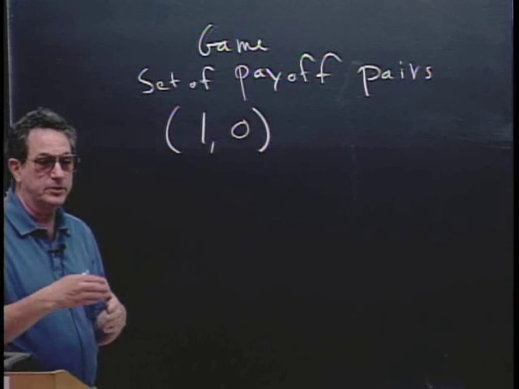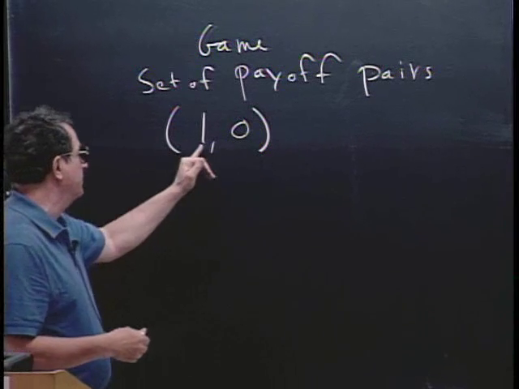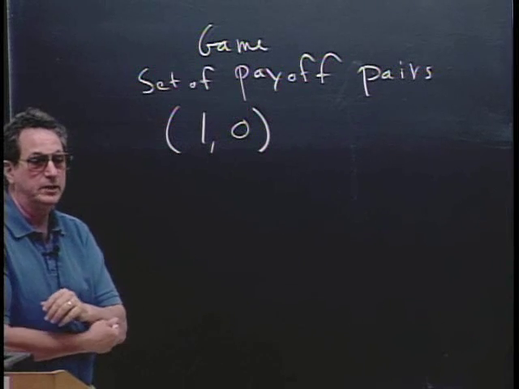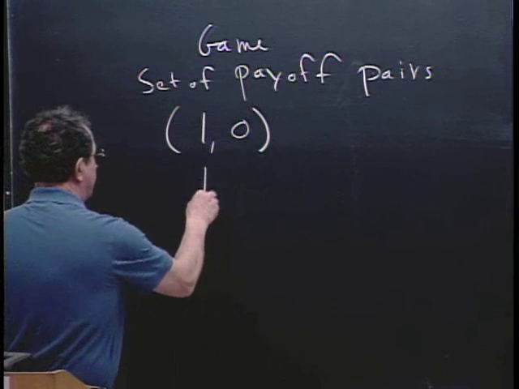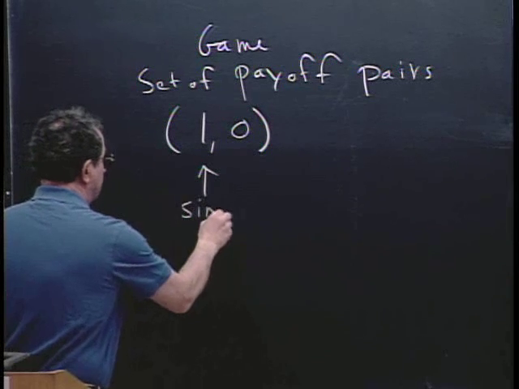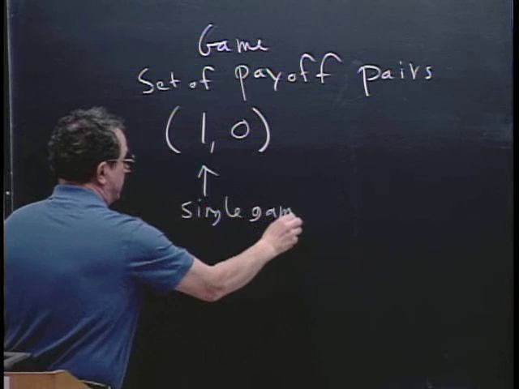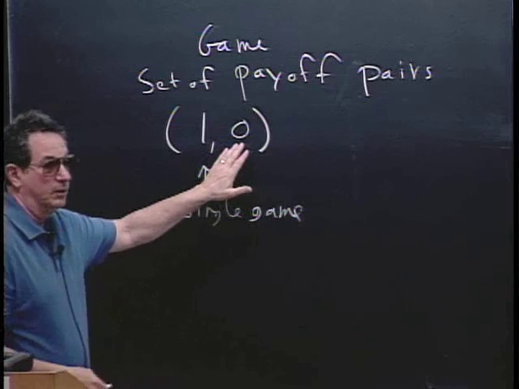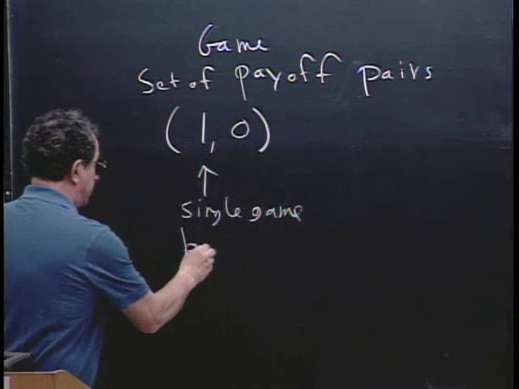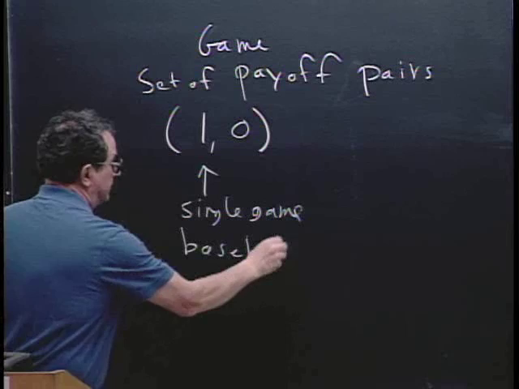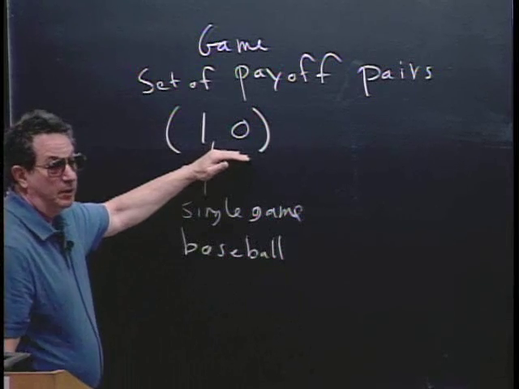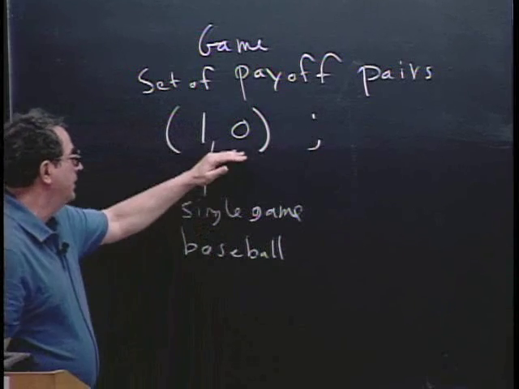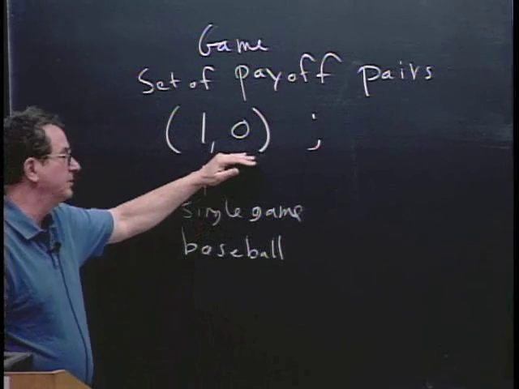And then over the entire season, whoever has the most points, which is equivalent to whoever has the most wins, that's the league leader or the season winner. But in a single game, one team gets 1 and one team gets 0. And so this is the payoff pair for baseball. Now, not all types of games have that kind of payoff pair.